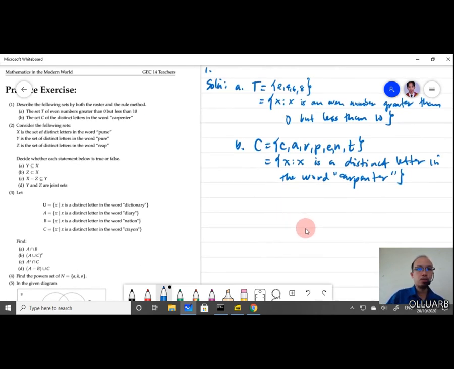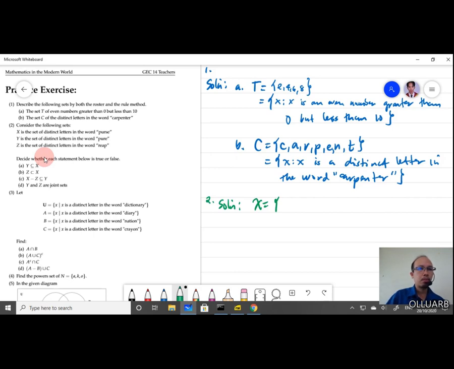For number 2, first you have to write the sets X, Y, and Z in roster method. So these are all our distinct letters.